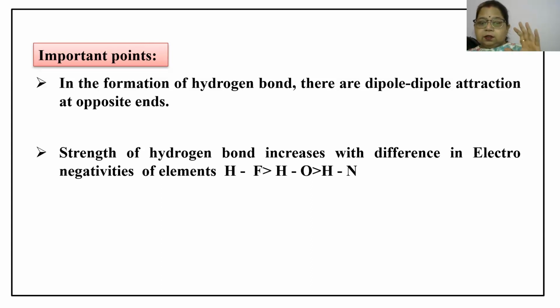Then the hydrogen bond formed with fluorine, oxygen, and nitrogen. This is the decreasing order of their strengths, right? The strongest will be the hydrogen bond with fluorine, followed by hydrogen bond with oxygen, followed by hydrogen bond with nitrogen.